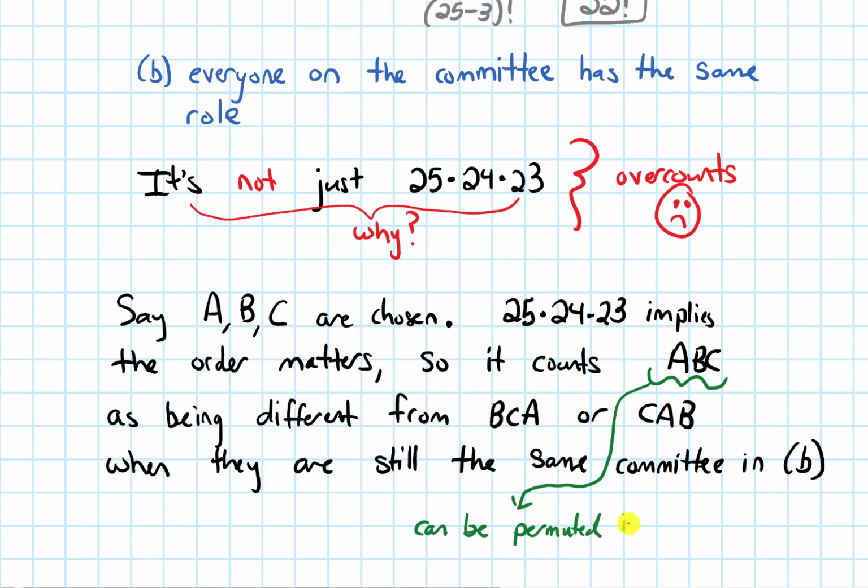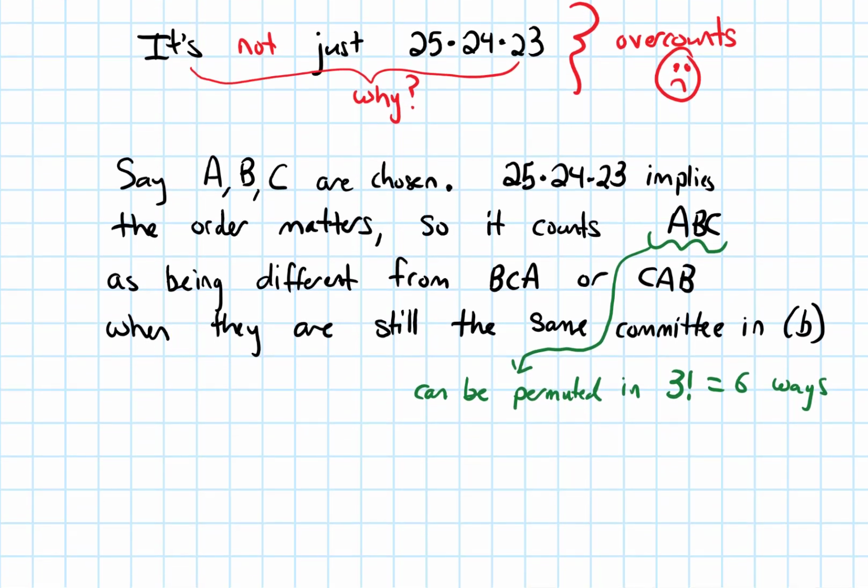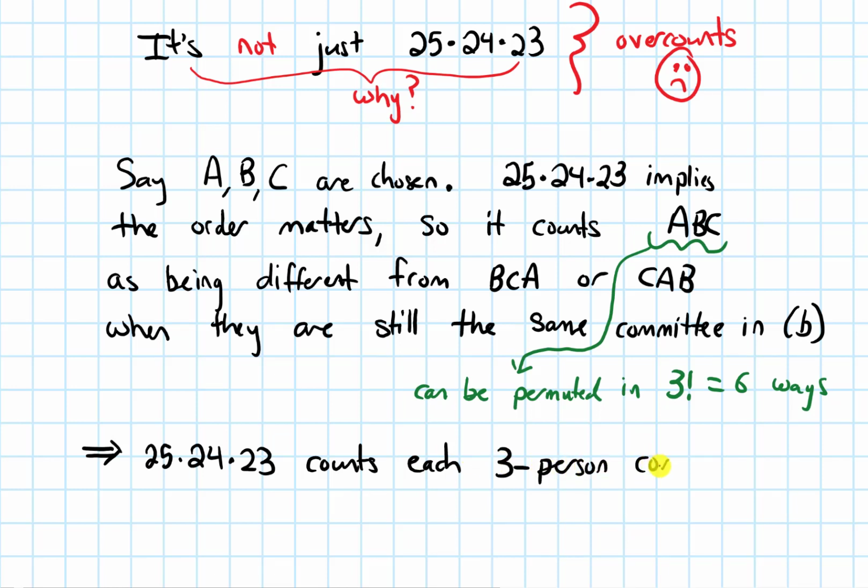Because we have three objects, we can permute them in 3 factorial, which is 3 times 2 times 1, or 6 ways. Okay, so overall, what's happening is, I'm going to put an implication arrow. So this implies that 25 times 24 times 23 counts each 3-person committee 3 factorial, which is 6, times.